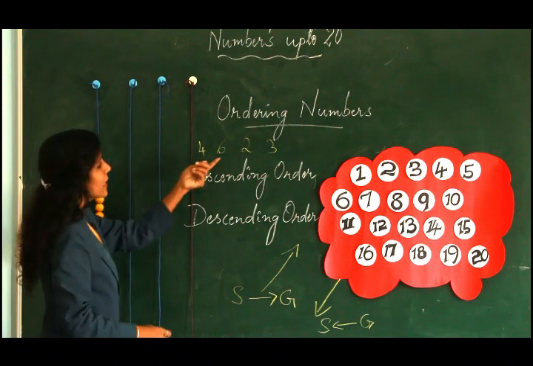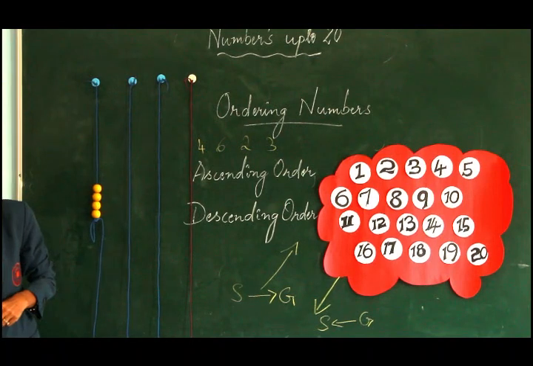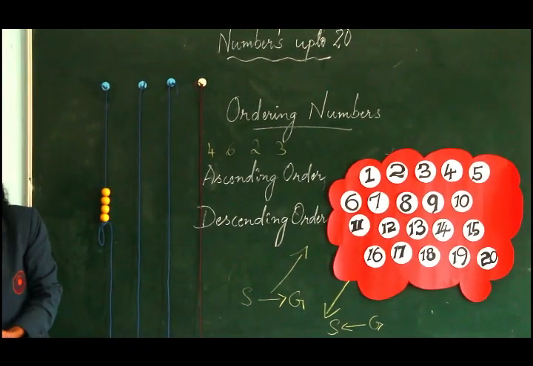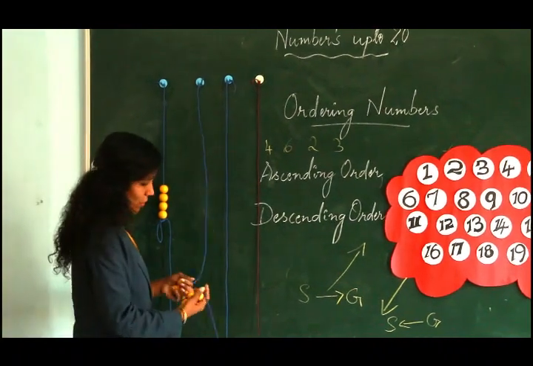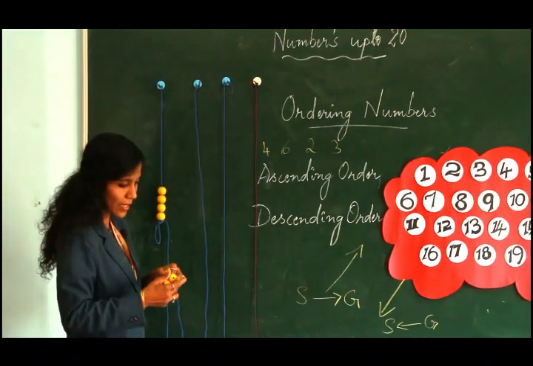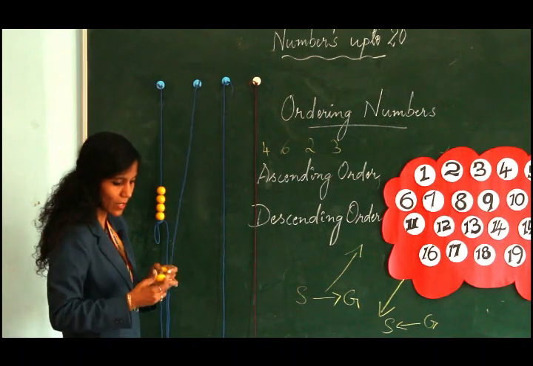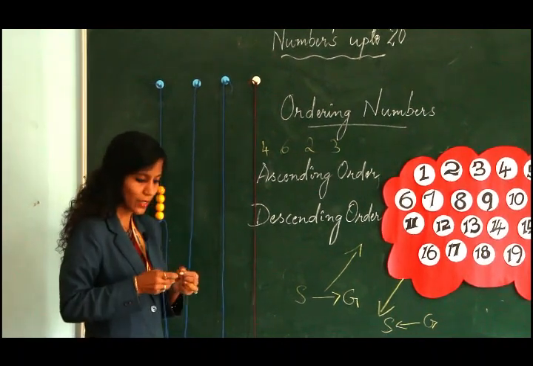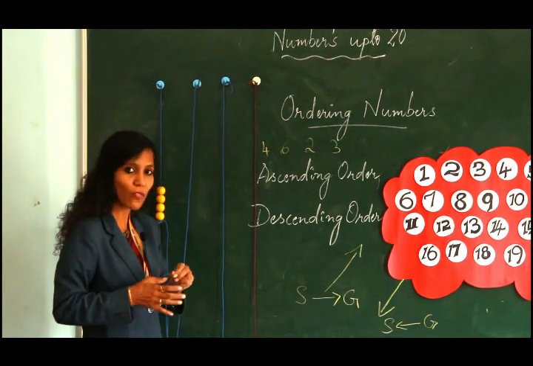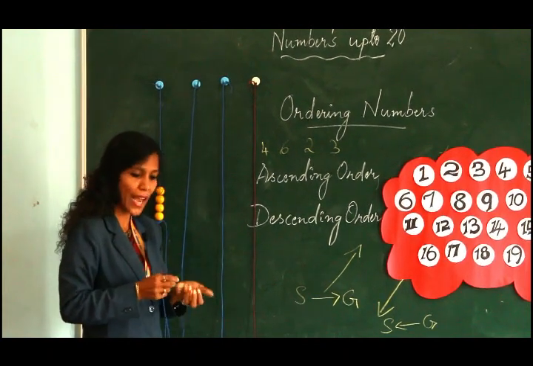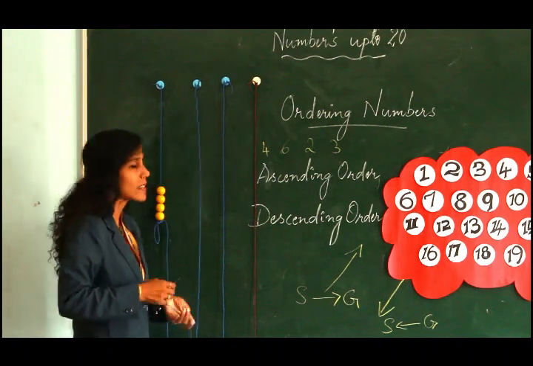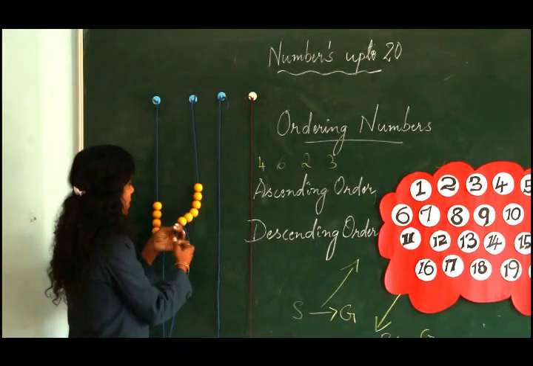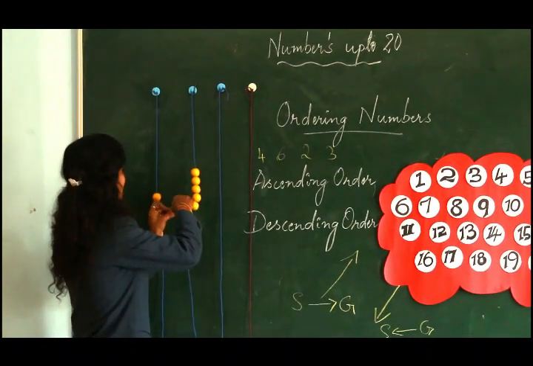Our next number is 6. So putting 6 beads here. So second string is having 6 beads. 1, 2, 3, 4, 5 and 6. So tying it here.